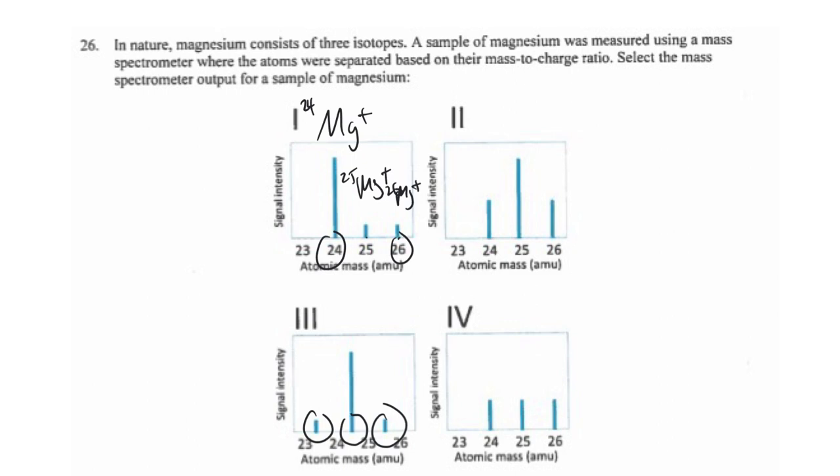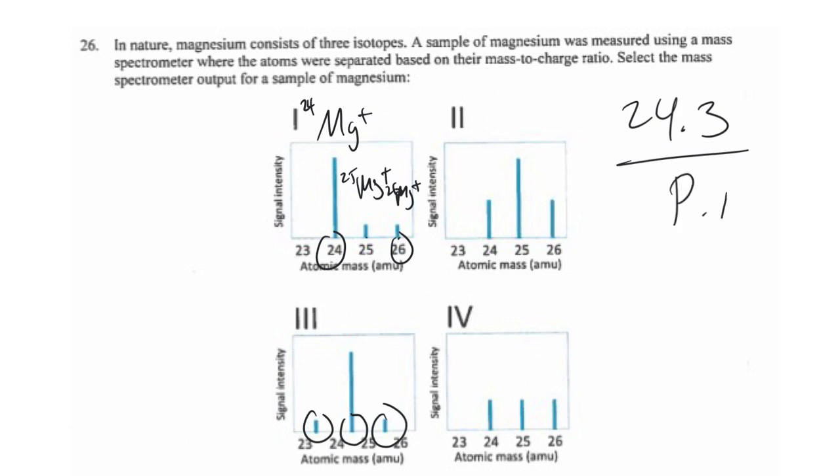Probably not, because no isotope should have a mass between 24 and 25 AMU. So if we look at magnesium in the periodic table, the average atomic weight is 24.3. That's another thing we need to pull into this question: we can check the periodic table and see that the average is 24.3 for magnesium.